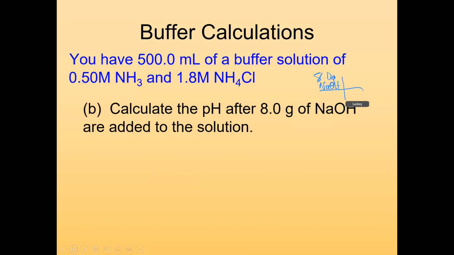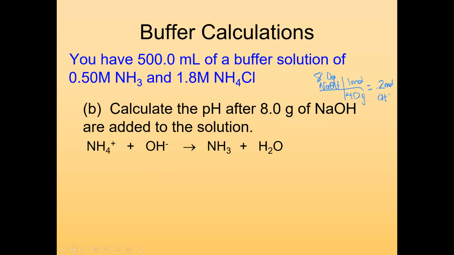So divide by molar mass, which is roughly 40. So that means that we have 0.2 moles of hydroxide from the sodium hydroxide. So in our ice table, we have to write out our equation. So the hydroxide is going to combine with the ammonium to produce ammonia and water.